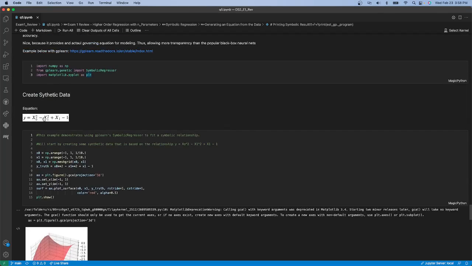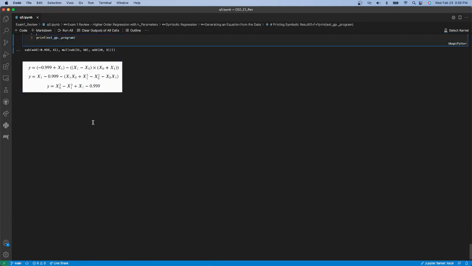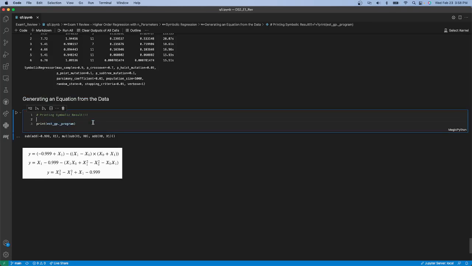Same exact thing, except we were 0.999, so essentially the same. So anyway, just really neat. We kind of cheated a little bit because we generated our own data, but just from the data, we were able to go back to the original equation we generated from. That's really neat, and it's very powerful.